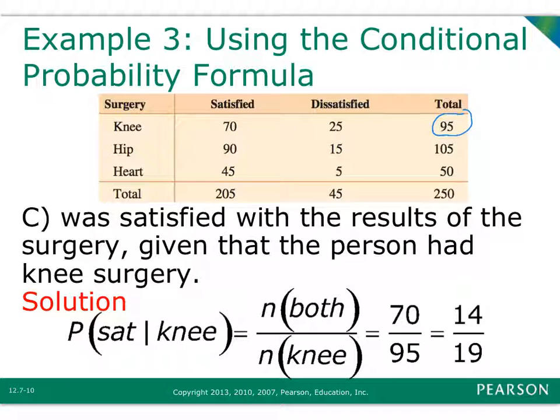And the number that was satisfied and had knee surgery is 70, so 70 divided by 95. If we reduce it, we get 14 divided by 19. Again, if we use our calculators, we can get this in decimal form.